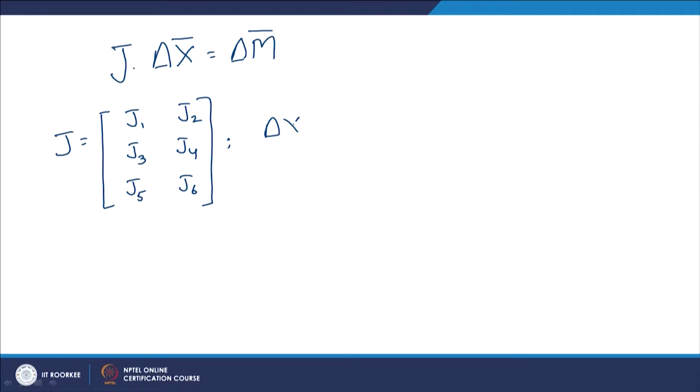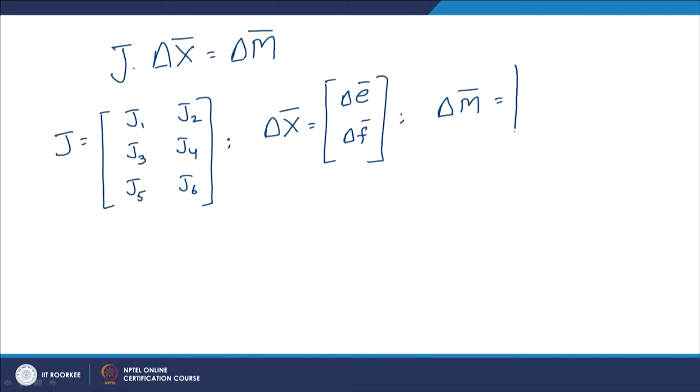Vector x, that is the correction vector, is constituting of 2 subvectors delta E and delta F, and delta m, that is the mismatch vector, is constituting of 3 subvectors, that is delta P, delta Q and delta V square.